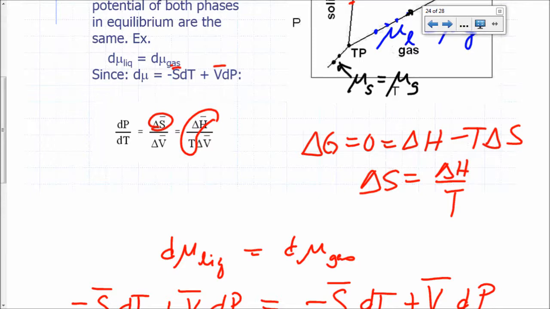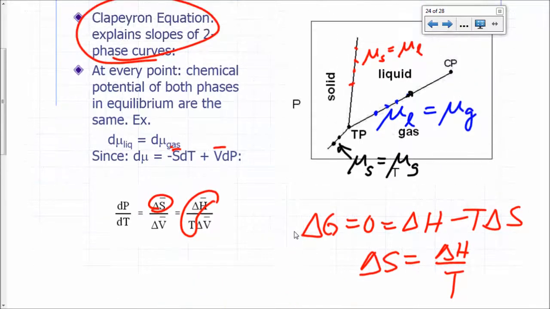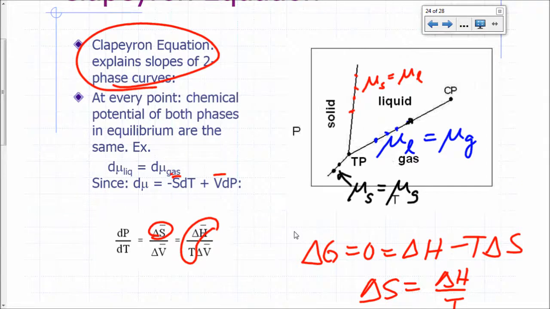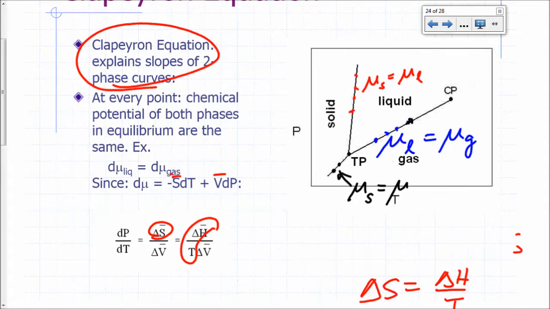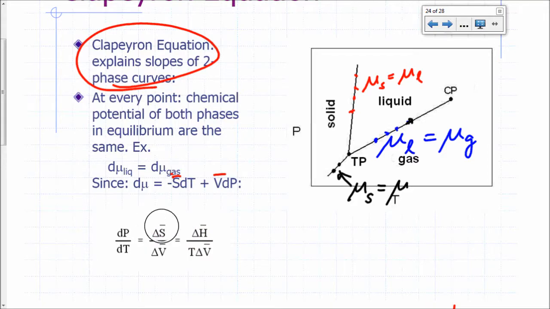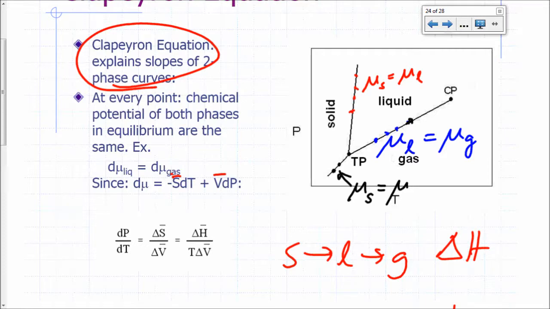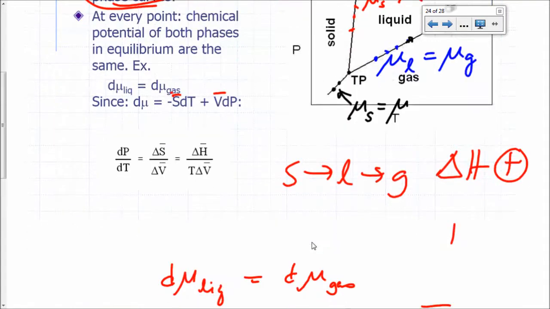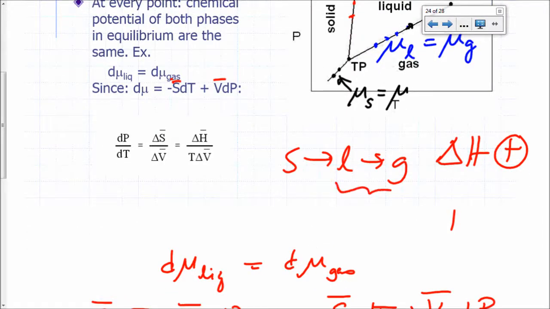Now, let's try to explain the slopes of these curves based on the Clapeyron equation. Let's look at why the slopes are positive. Remember, going from solid to liquid to gas, those are all endothermic processes, so delta H is positive. In the liquid to gas case that we just looked at, delta H is positive.